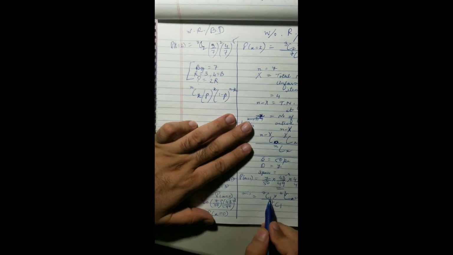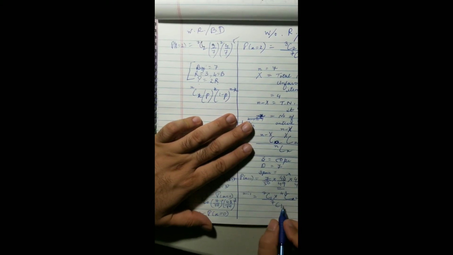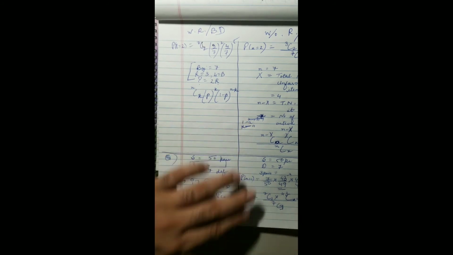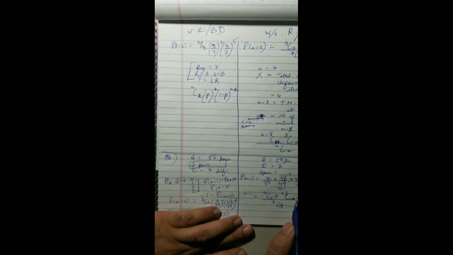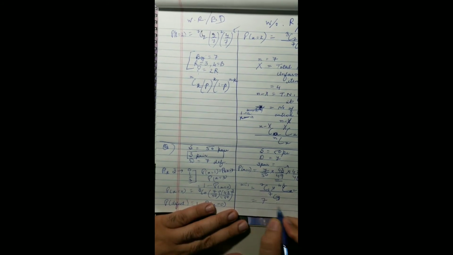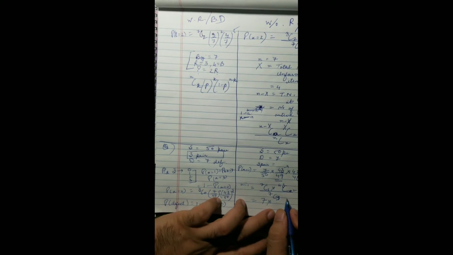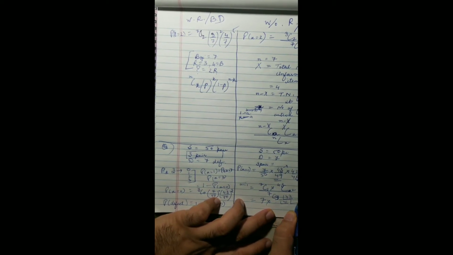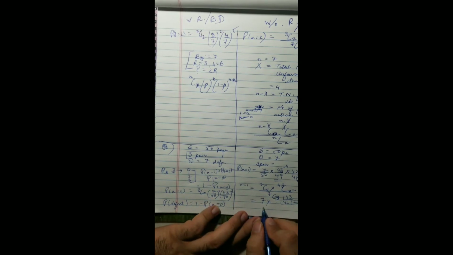So 1 goes to favorable, 2 goes to non-favorable, and in all 7C3. 7C1 into 43C2 over 7C3, which is nothing. 7C1 is what? 7, right? 43C2 is what? Factorial 43 over factorial 41 factorial 2, right?